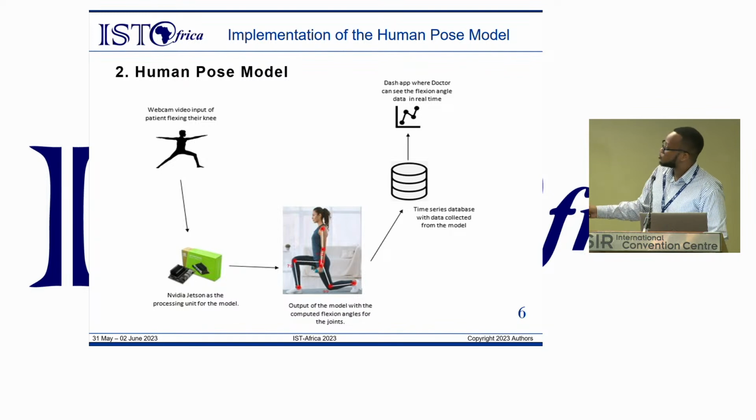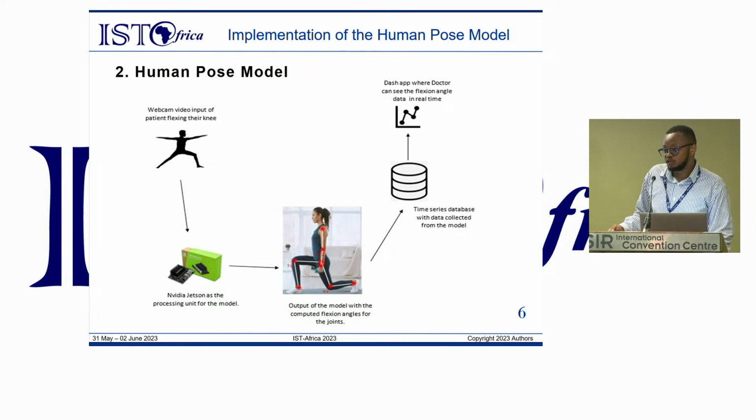So the human pose model works as illustrated here. This is a subject who is in the field of view of a webcam. This is the main microprocessor that we're using. It's the NVIDIA Jetson Nano.